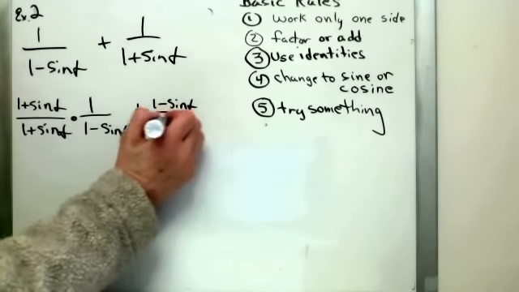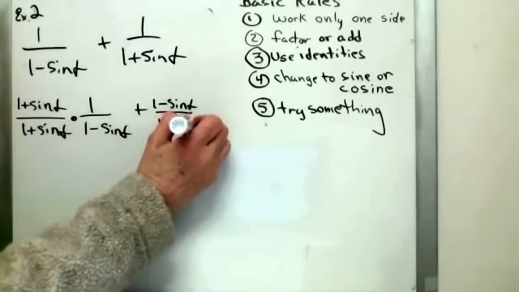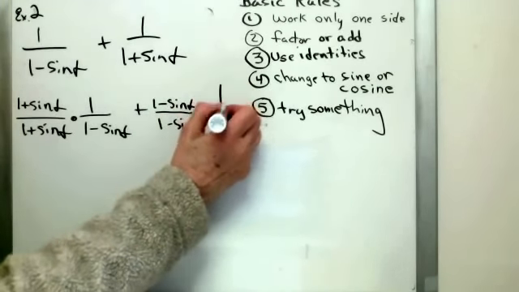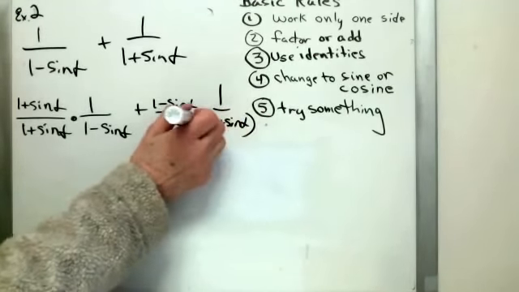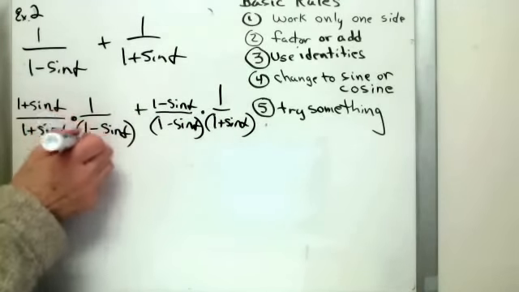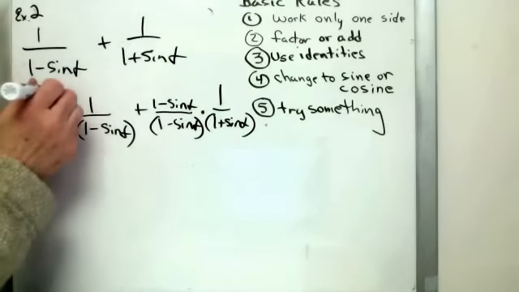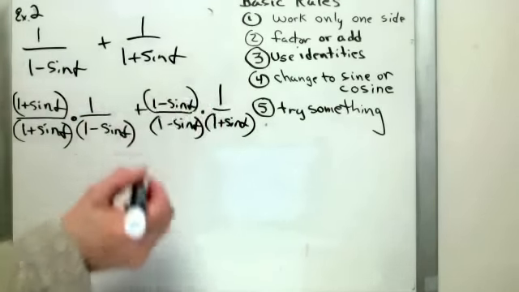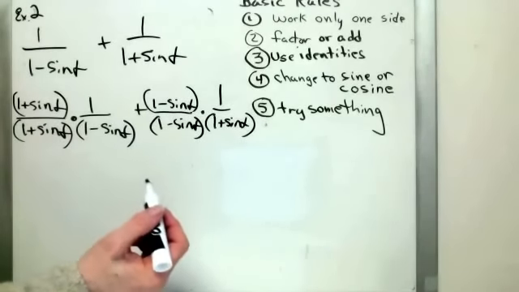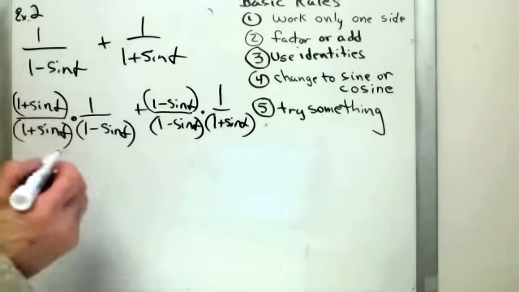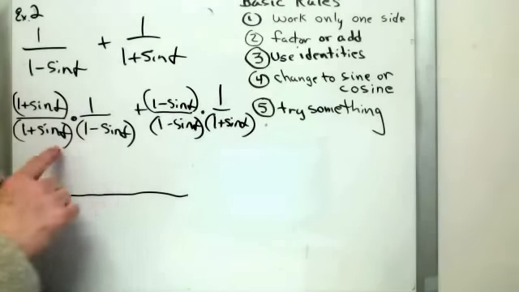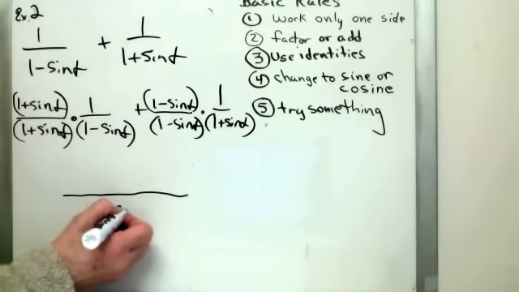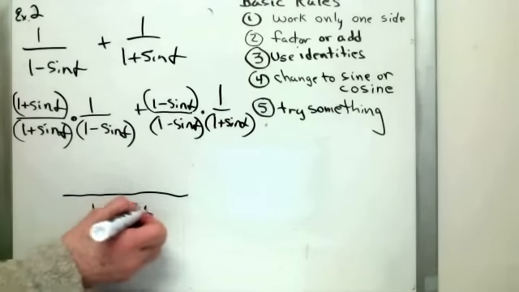1 minus sine alpha, 1 minus sine alpha times 1 over 1 plus sine alpha. I'm going to put these in parentheses so that they look a little bit better. It's safer to always put these quantities in parentheses because you don't want to be separating parts of them out. Now, when I do this, I can write it as 1 fraction over, and if I multiply that out, I get 1 minus sine squared alpha.